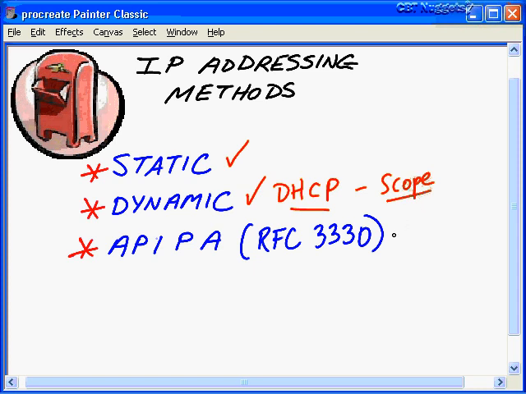Or we can use what's called APIPA, which is the Microsoft term for RFC 3330. This is automatic private IP addressing, and it's basically a fallback solution.